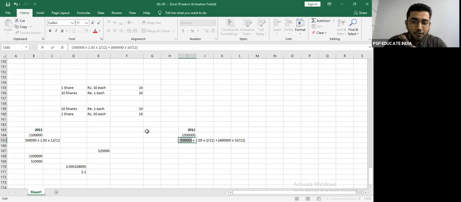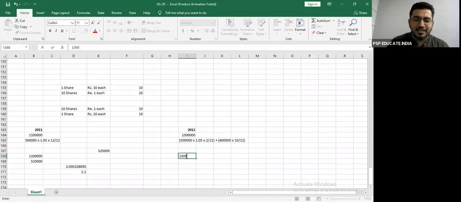To what extent you do not know. That is why you use the adjustment factor. This confusion remains only for 2 months, January and February. So we will take that over here. On the other hand, when you have 1 lakh more shares, the value comes to 6 lakh shares, which remains in the business for 10 months. Now see, 5 lakh has increased to 6 lakh, so you do not need to take the 1.05 adjustment factor here.